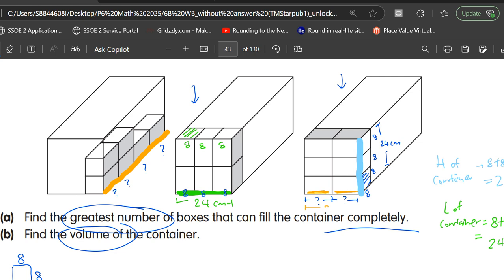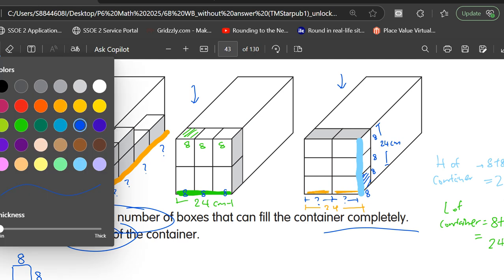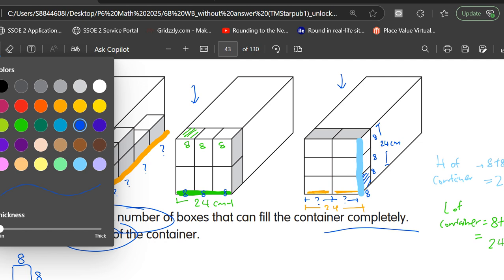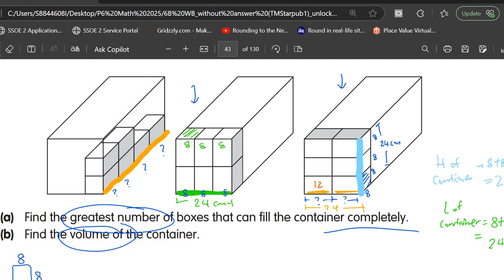So since this is also 24 centimeter, I can see that the length of the box is 12. So the small rectangular box is 8 times 8 times 12. So here, this is 12, 12, 12, 12.